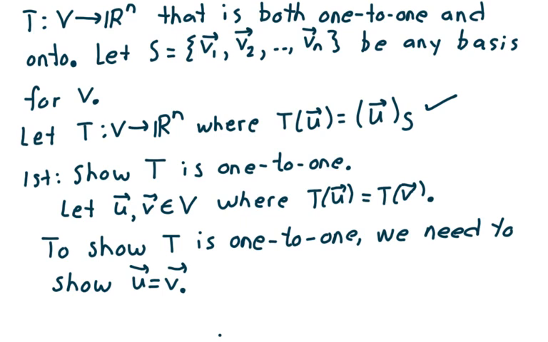So in the first step, we want to show T is one-to-one. And so this is what I'm going to do. Let u and v belong to V, where T of u equals T of v. To show T is one-to-one, we need to show that u equals v.